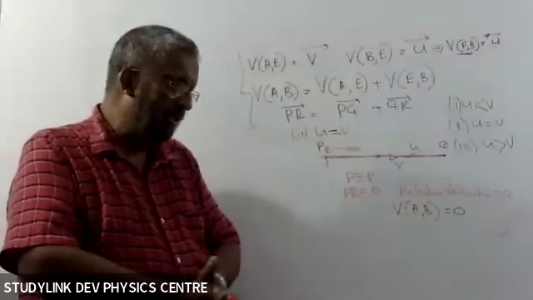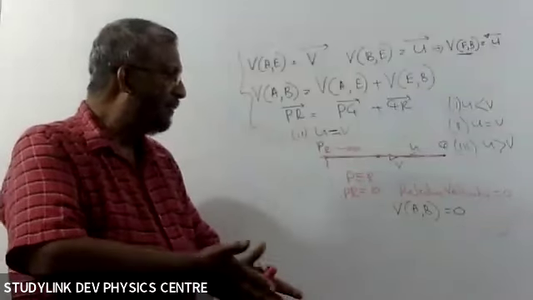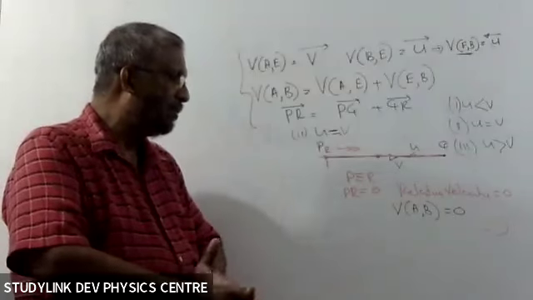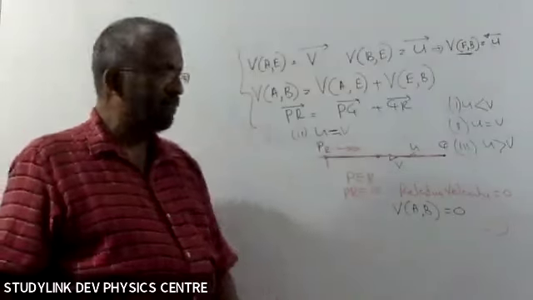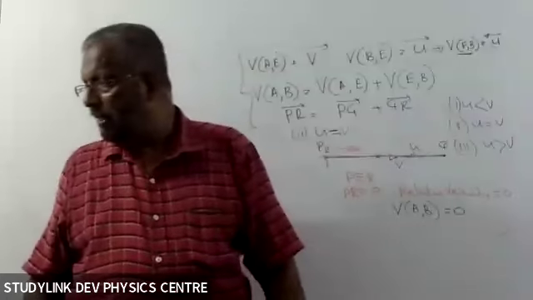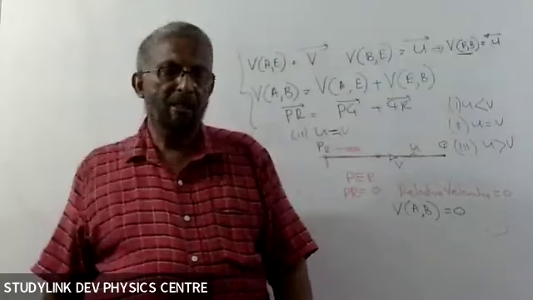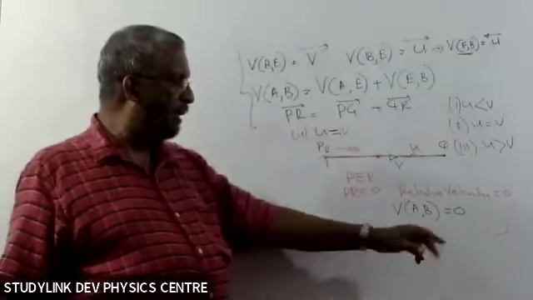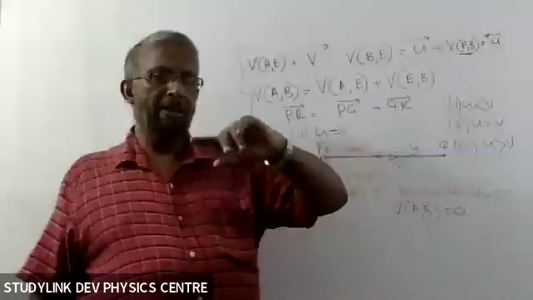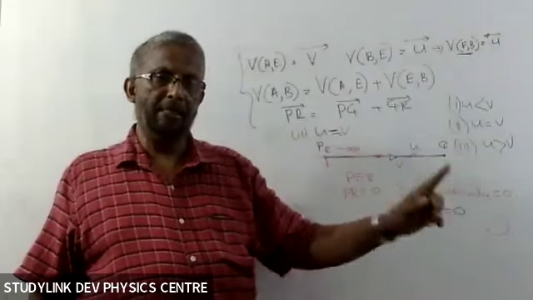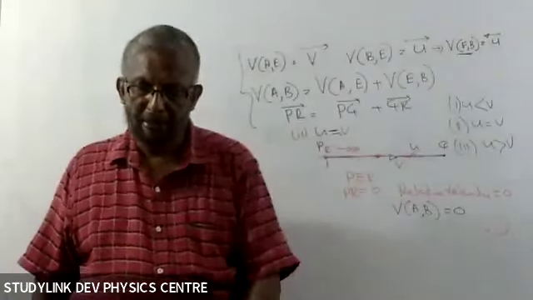In other words, the relative velocity is 0. That means the velocity of A relative to B is 0. That's the magnitude.